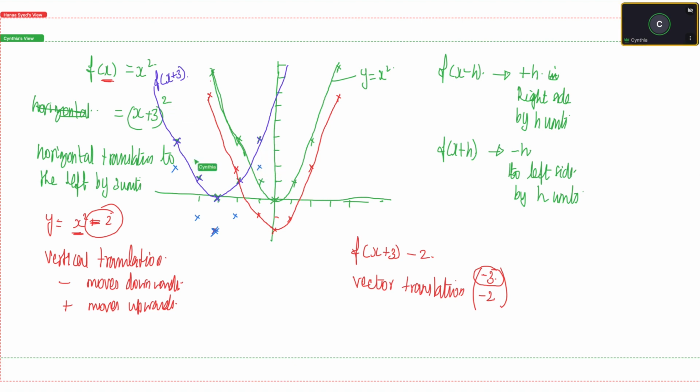We are moving only the purple because we already moved f of x plus 3. So this is f of x plus 3 minus 2.